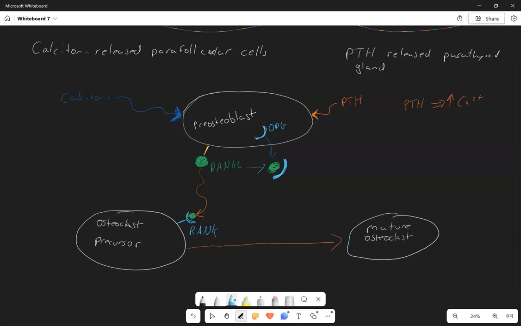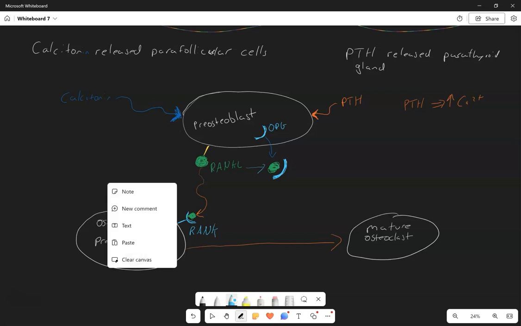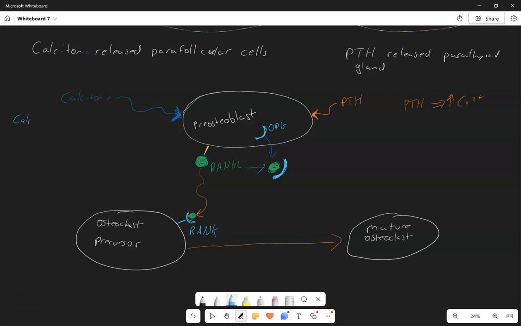So the release of OPG, or osteoprotegerin, inhibits the differentiation of the osteoclast precursor into a mature osteoclast. If we inhibit that process, we don't get as much breakdown of bone. So calcitonin is going to lead to a decrease in our blood calcium levels because the calcium is going to stay stored in that bone.